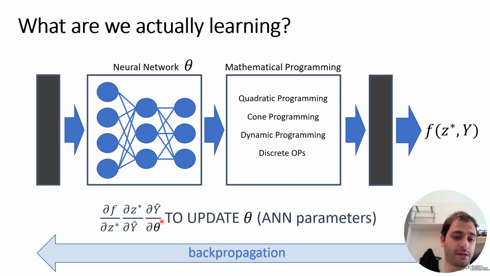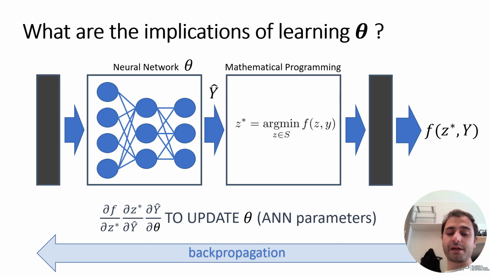And then the neural network per se, which is well known: the partial of the prediction with respect to the weights of the neural networks. Then we update the theta, which are the parameters, based on this chain rule.